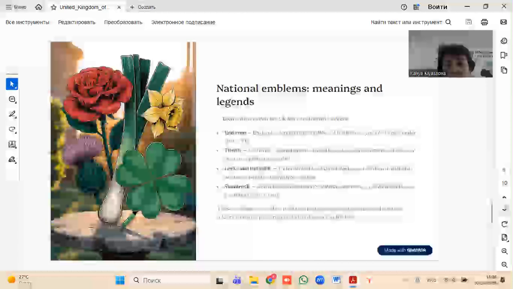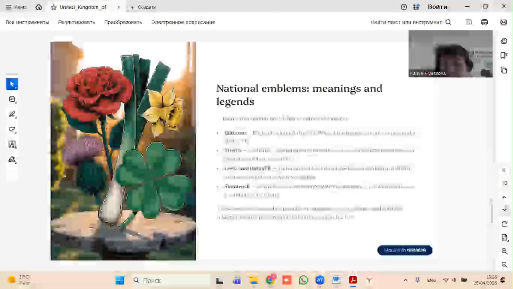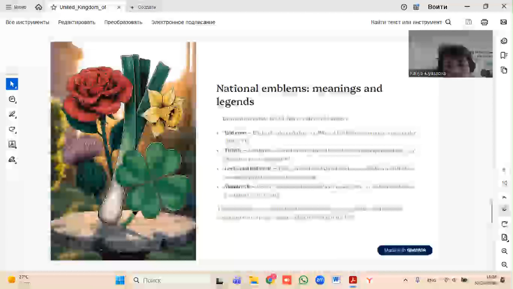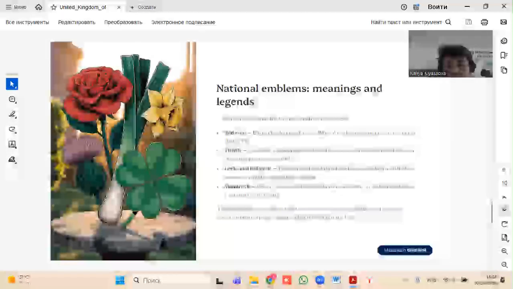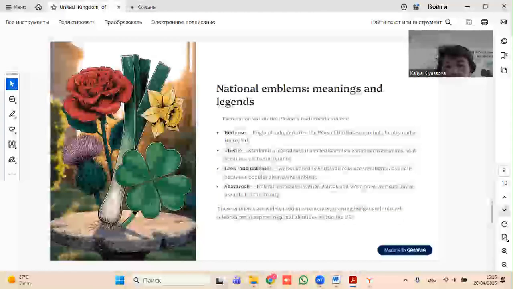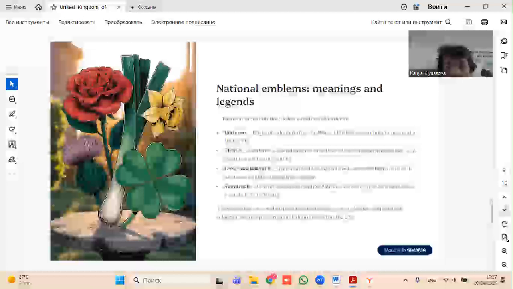And the thistle, Scotland: a legend says it alerted Scots to a Norse surprise attack, so it became a protector symbol. Leek and daffodil, Wales, linked to St. David; leeks are traditional, and daffodils became a popular alternative emblem. Shamrock, the last, is from Ireland.